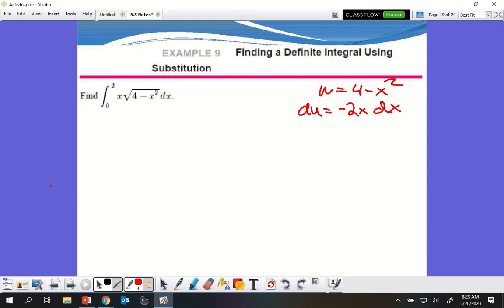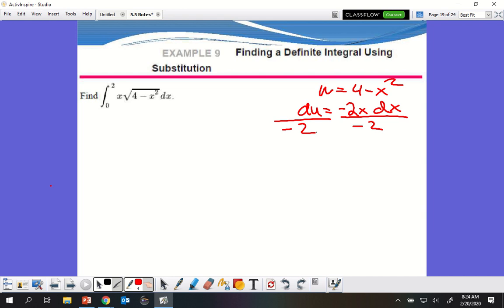All right, and what's the piece that I do not like? I don't like that negative 2, do I? Because I know that I'm going to use the x dx for my substitution. It's the negative 2 that I've got to get rid of. So I'm going to divide both sides by negative 2. All right, so isn't that going to be my constant k?